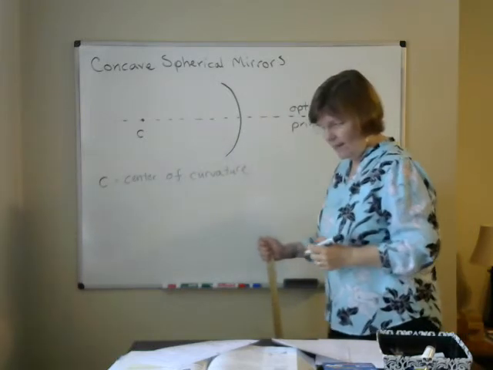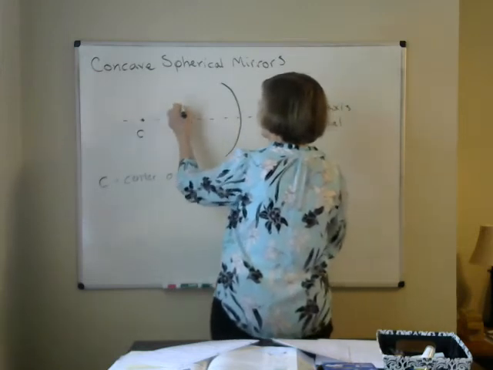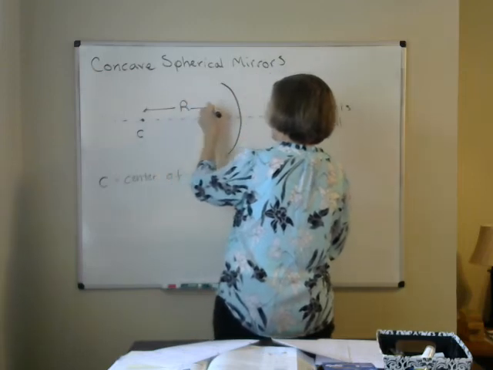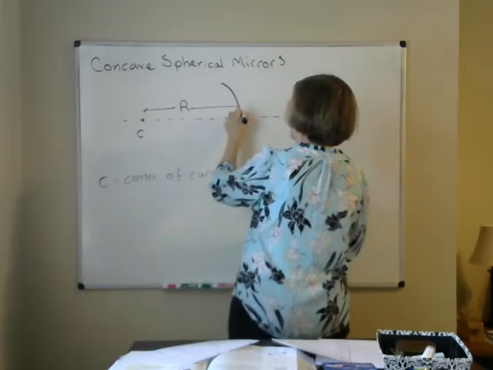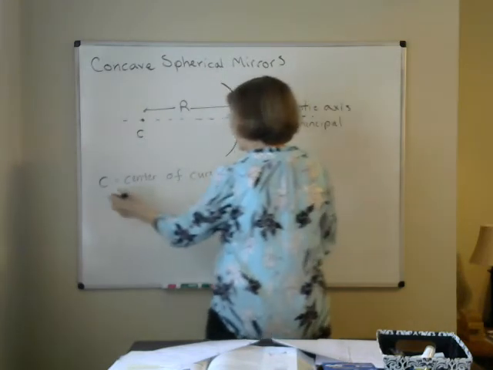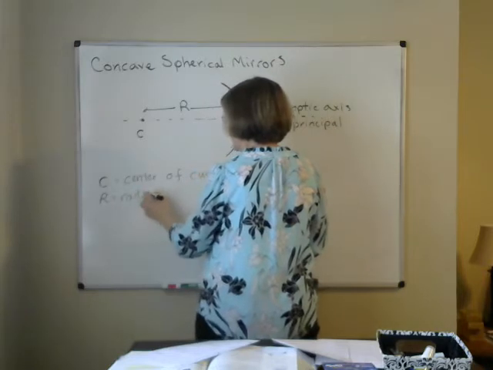And let's go to this distance from here to here. And I'm going to draw kind of an imaginary line straight right here. Is called the radius of curvature, and that is exactly what it sounds like.